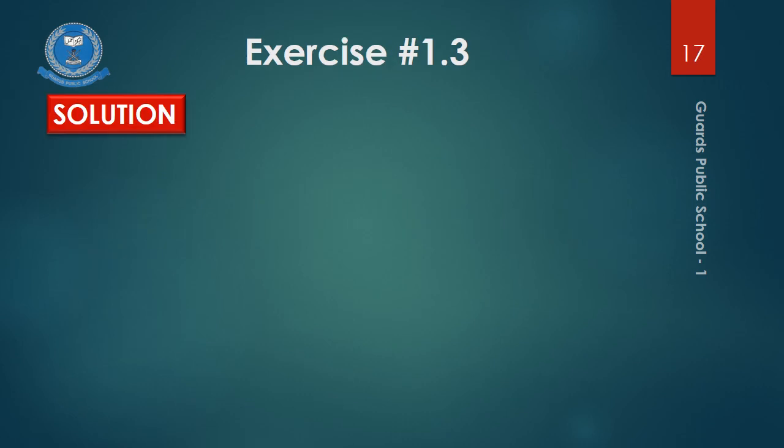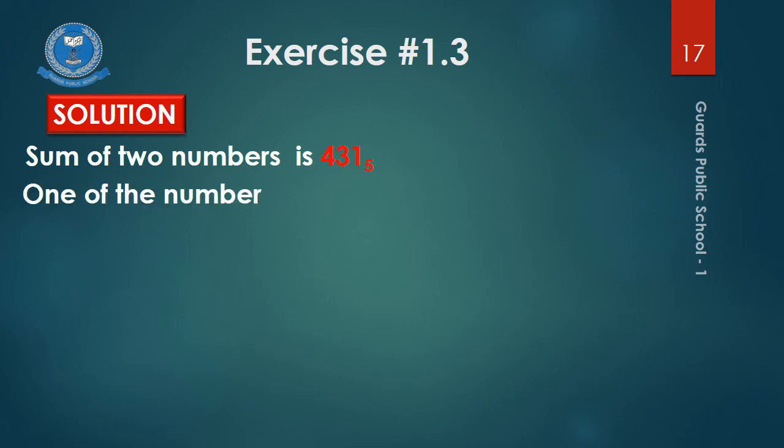After solution, in question, sum of two number is 431 with base 5. One of the number is 214 with base 5. Other number is required, therefore write down question mark here. That means we are now going to find out the other number.